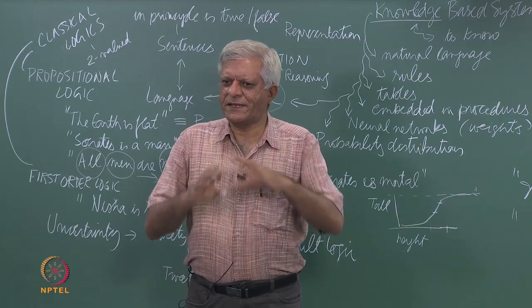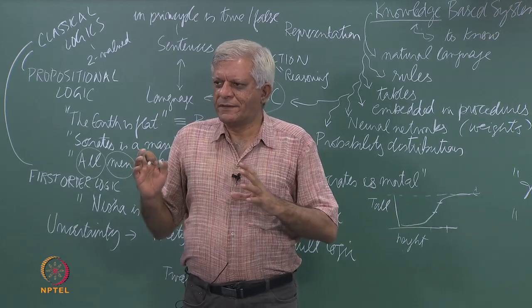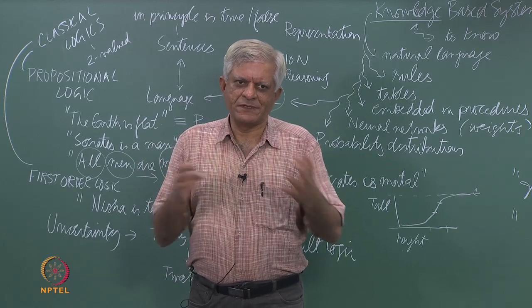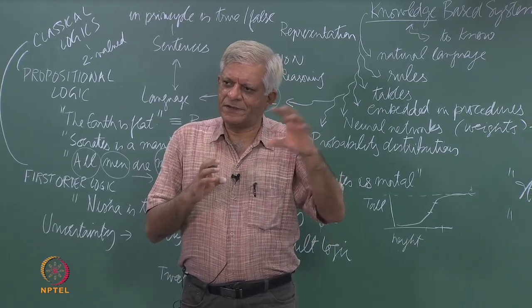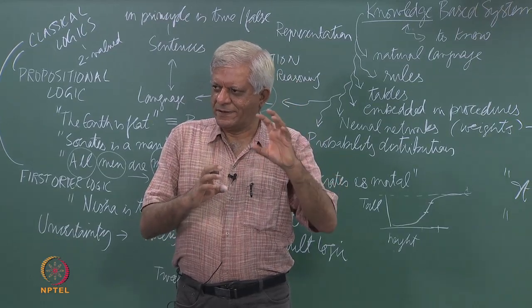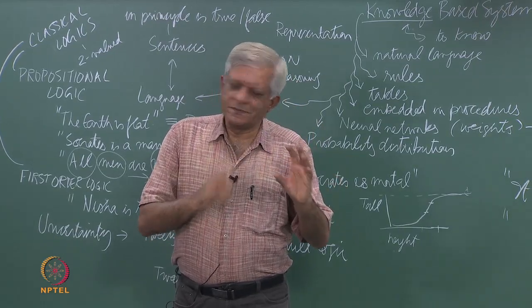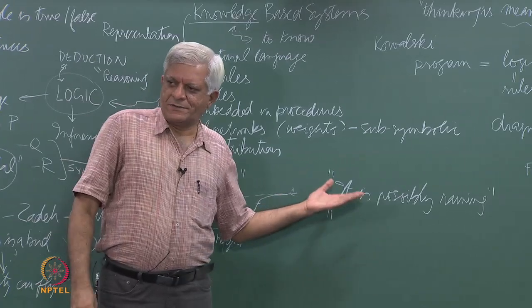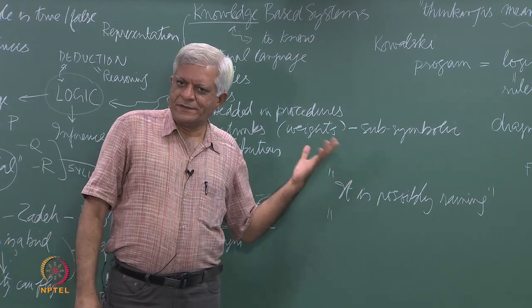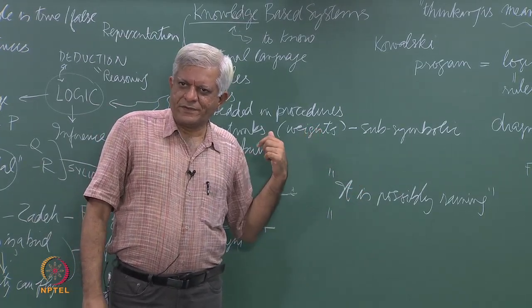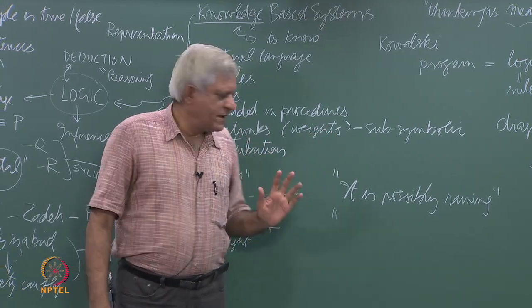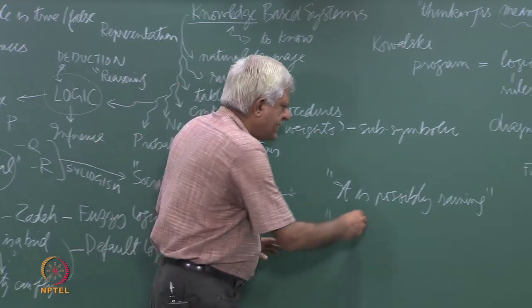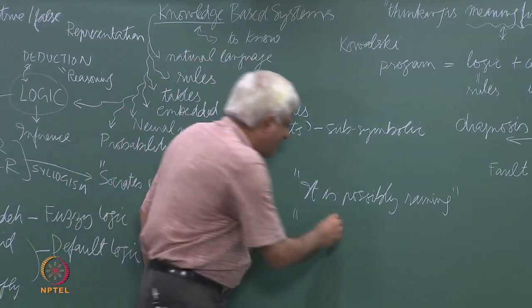So, if you assume that we have only a finite amount of knowledge about the world essentially, then if there is a possible world or a feasible world or a consistent world in which that statement were to be true, then we can accept such a statement to be true. So, it is a little bit not easy to discuss right now, but we have this kind of a notion that it is possibly true or it is necessarily true.